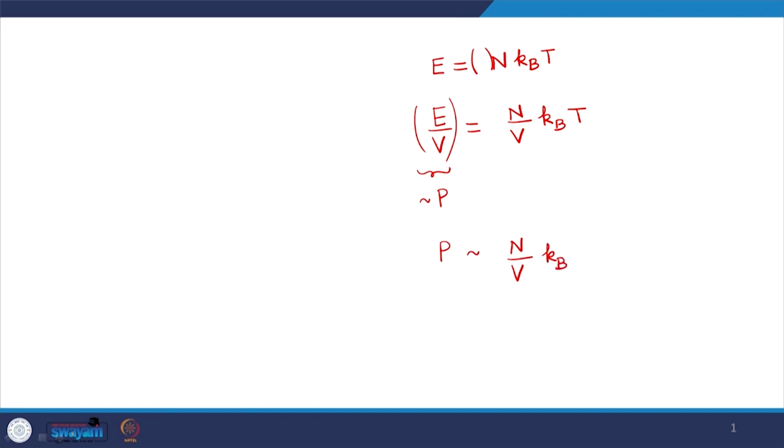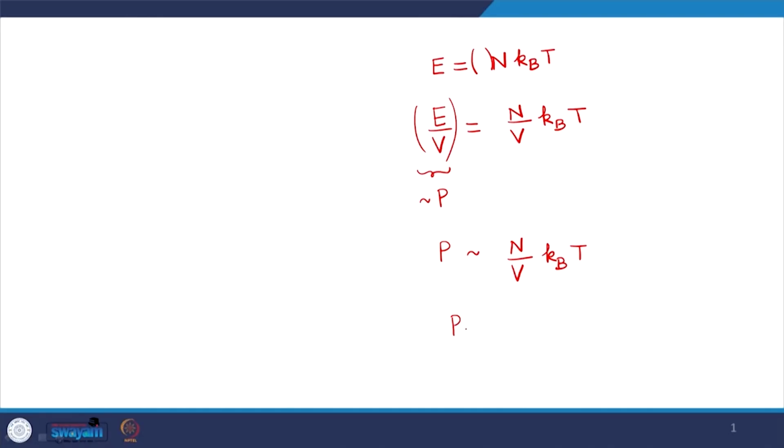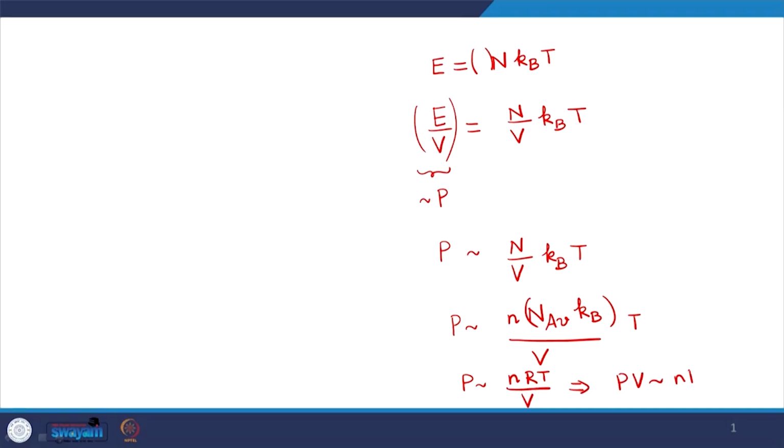something like this. Now, N is the number of molecules. So, if I want to write in terms of the number of moles, this will be small n, that is the number of moles, multiplied by the Avogadro number multiplied by kB, divided by V into T, and we essentially have got the ideal gas equation.